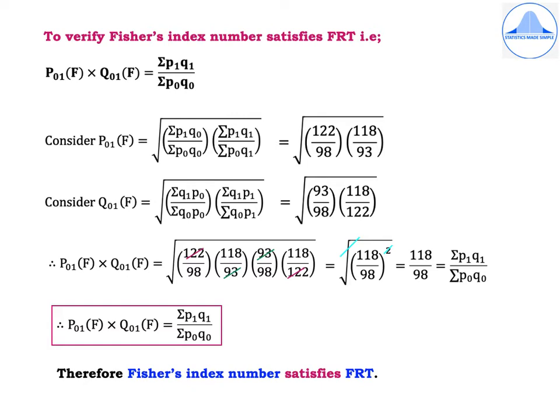And as indicated by the blue line, you see that the square root and the square get cancelled, which leaves us with 118 divided by 98. And 118 is nothing but summation P1 Q1 and 98 is summation P0 Q0. Therefore, P01 of F into Q01 of F is equal to summation P1 Q1 divided by summation P0 Q0. Therefore, Fisher's index number satisfies FRT.